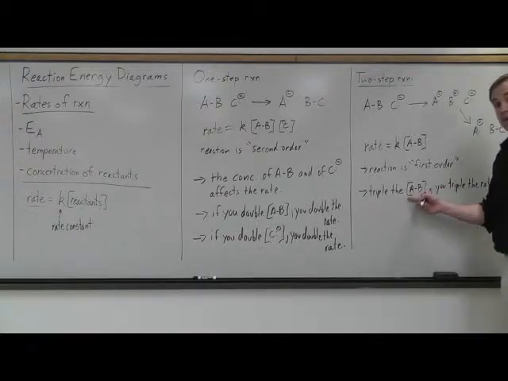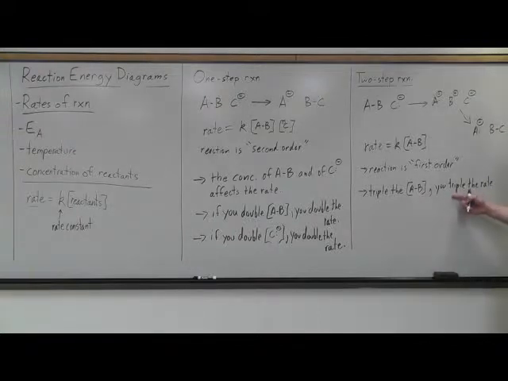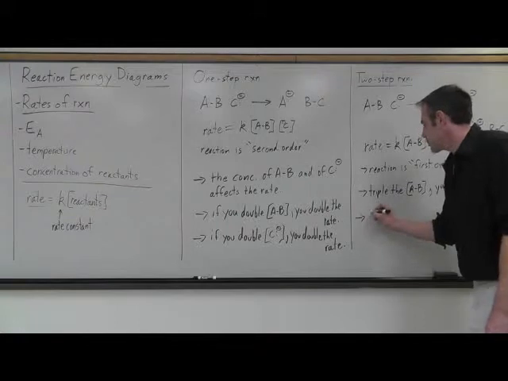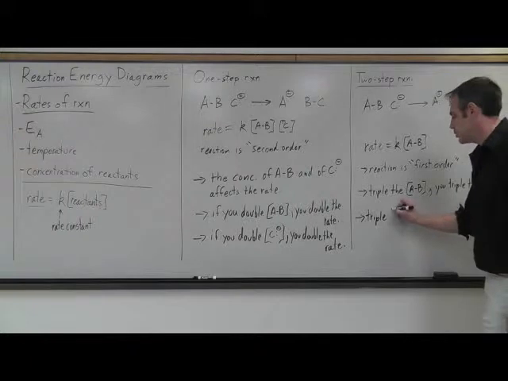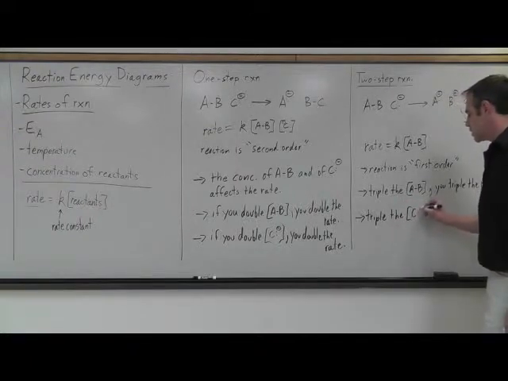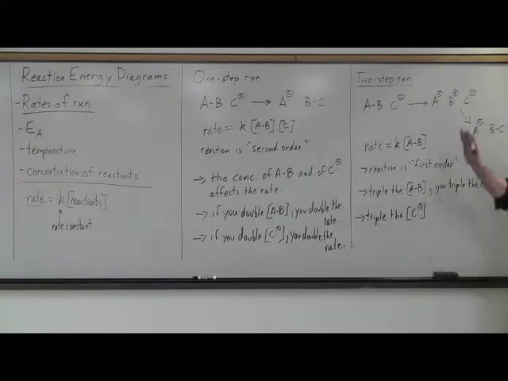If you have 3 times as much of this in a particular volume, then you'll have 3 times the reaction rate. If you triple or double or do anything to the concentration of anion C in this reaction, the rate is unaffected, again because anion C is not involved in this step that is rate determining.